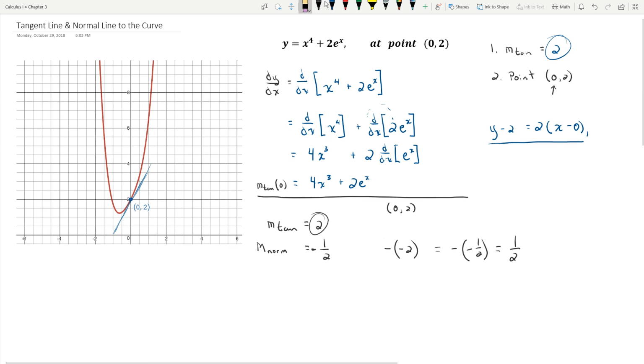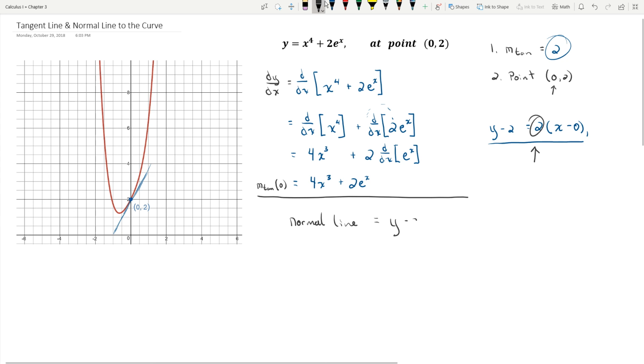So the equation itself for a normal line at 0, 2 is going to be exactly the same as what we found for the tangent line, except for the slope. That's the only difference. So we will say that our equation for the normal line is going to be y minus 2 is equal to the opposite and inverse of the slope times x minus 0.